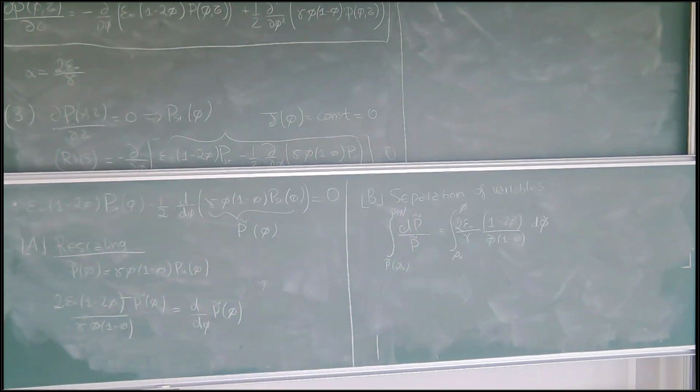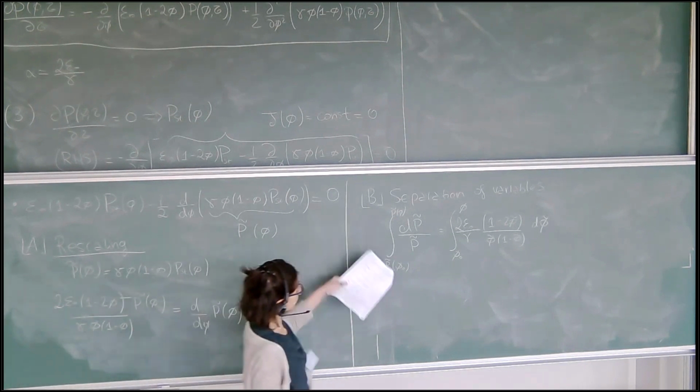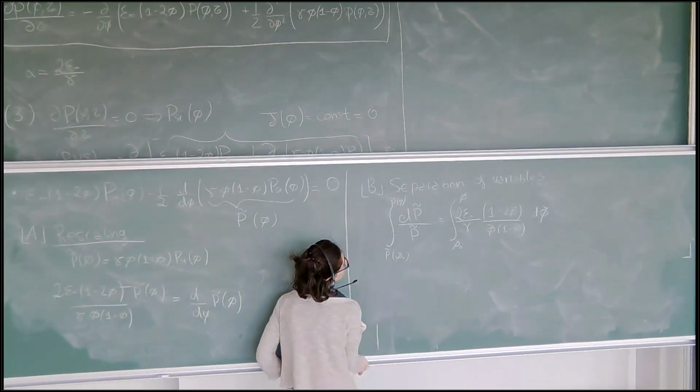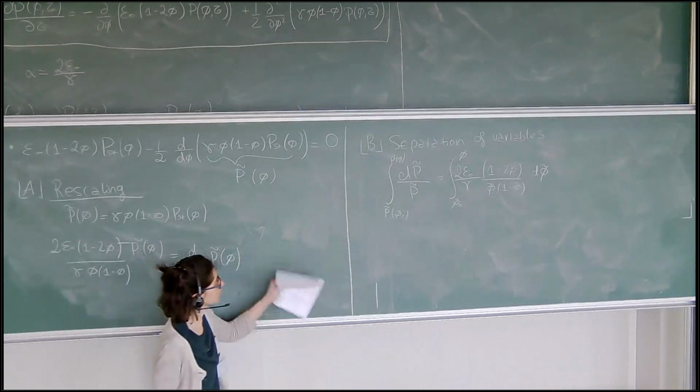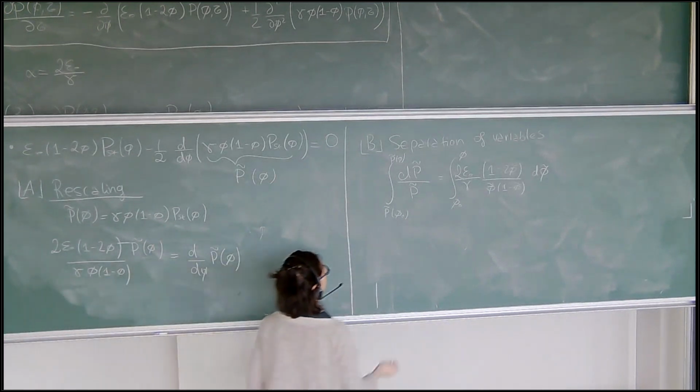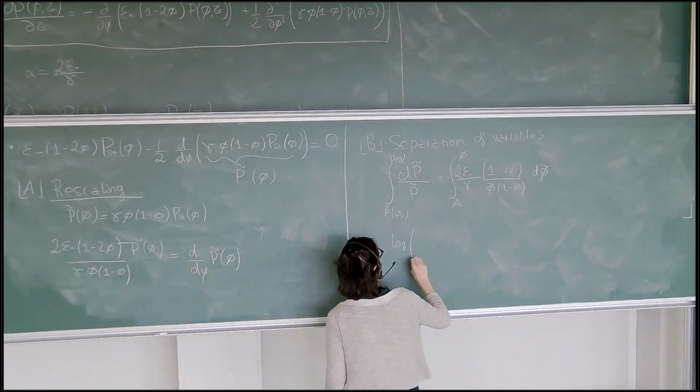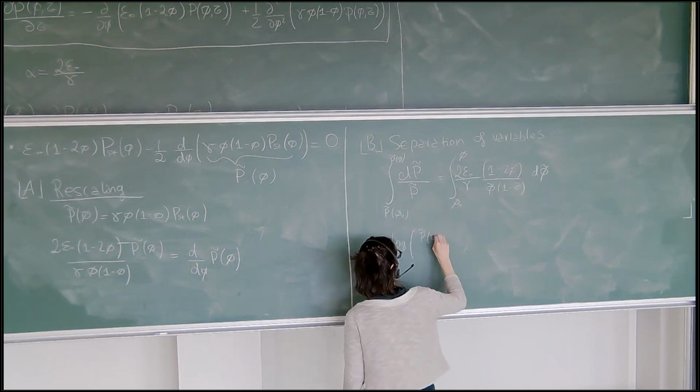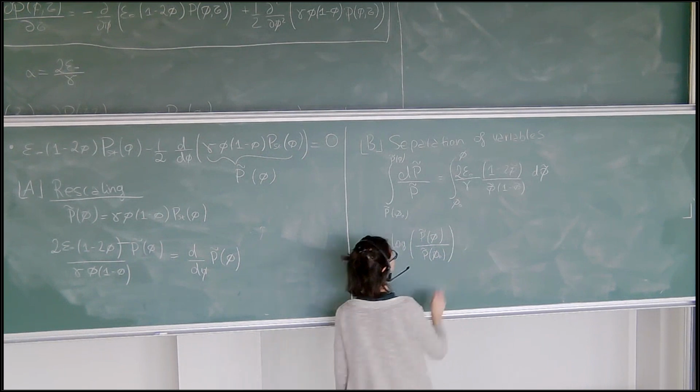And now these are integrals that you know how to do. So on the left-hand side, you have a logarithm because you have 1 over p. So you will get log of p tilde of phi divided by p tilde of phi 0.